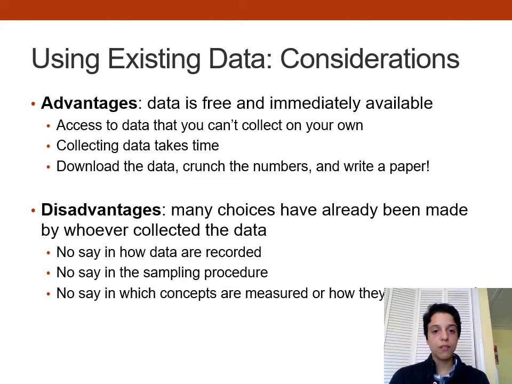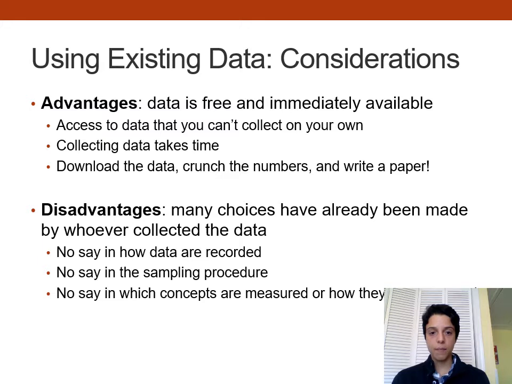And then this is related to some of these points and to the first point in particular. There's also no say in which concepts are measured in a survey or how they're measured. So depending on what your research question is, you may be interested in all sorts of concepts and all sorts of variables. If you're working with an existing data set, though, you have to just hope that the people who collected the data also had that exact same range of interests.